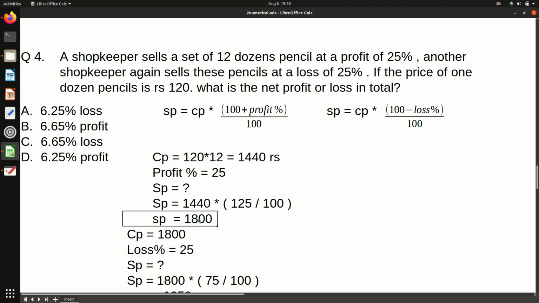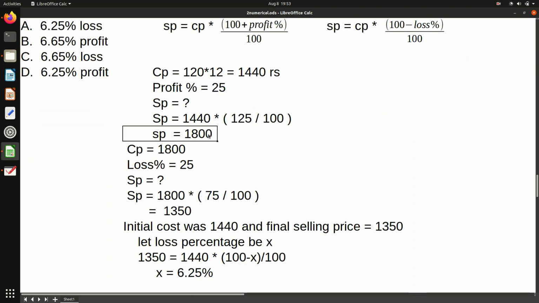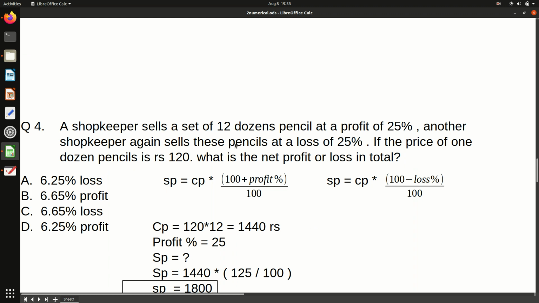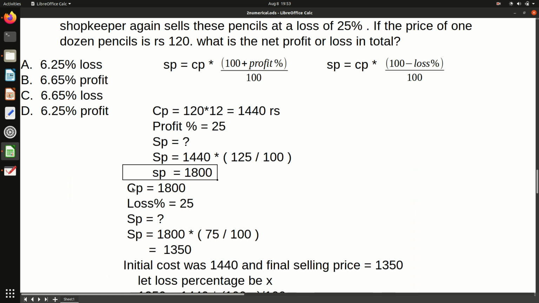Like, if I sold you a pen and took 5 rupees from you, I sold it for 5 rupees, but for you that will be your CP, because you bought it from me. The same thing I am using here. The first shopkeeper sold it for 1800, but this 1800 becomes the CP for the second shopkeeper, because he has bought it. Cost price basically means at what price you bought something.